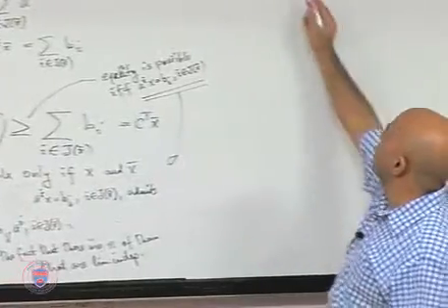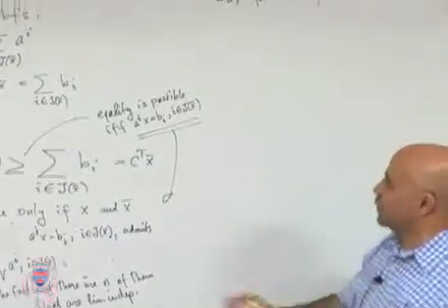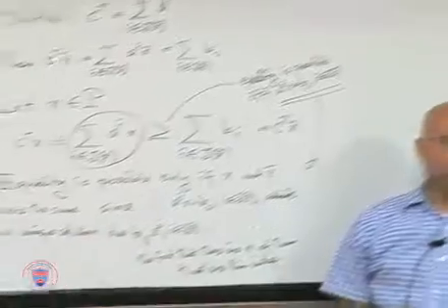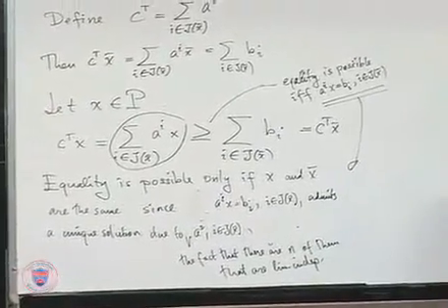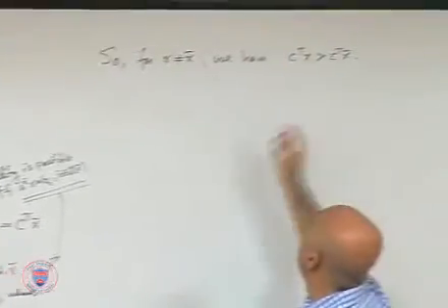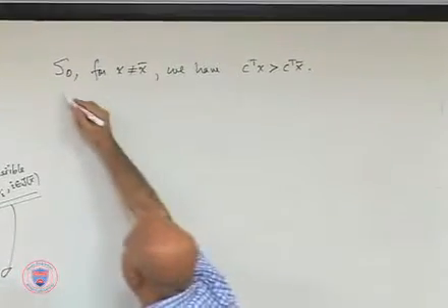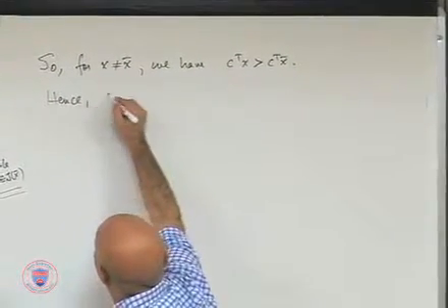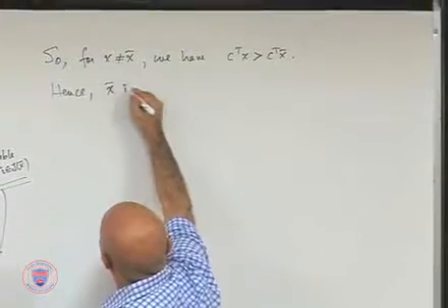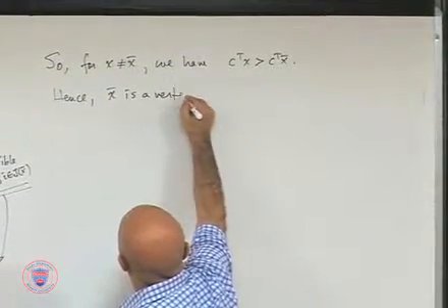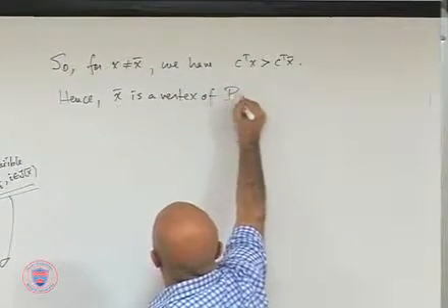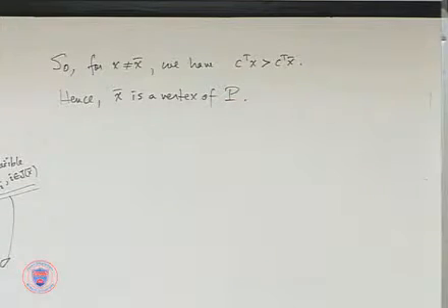For the remaining case, when x is different from x bar, you've got only strict inequality being possible. And that, of course, proves this. So x bar is a vertex of the polyhedral set under consideration. Okay?